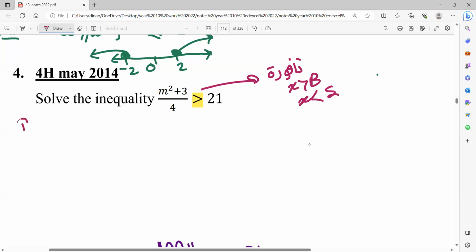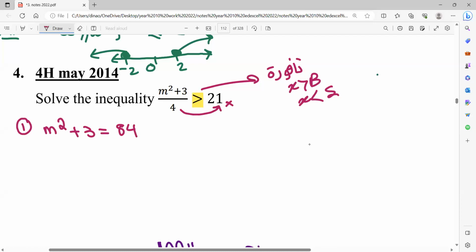And then I solve as if I'm solving an equation with no difference whatsoever. I move the 4 by multiplication because fraction equal fraction, not fraction, sorry. You have to start by the 4 first. Or multiply 4 both sides. So m squared plus 3 is equal to 84. صح? 21 times 4, okay.